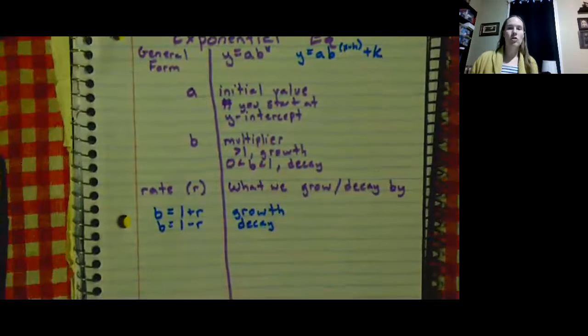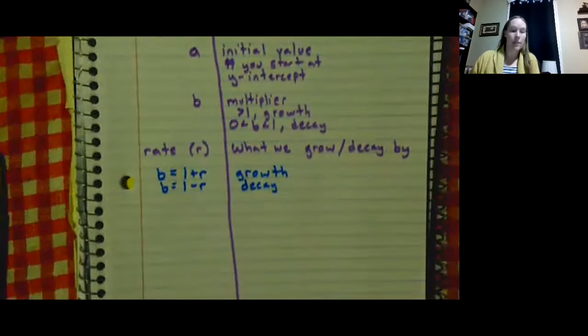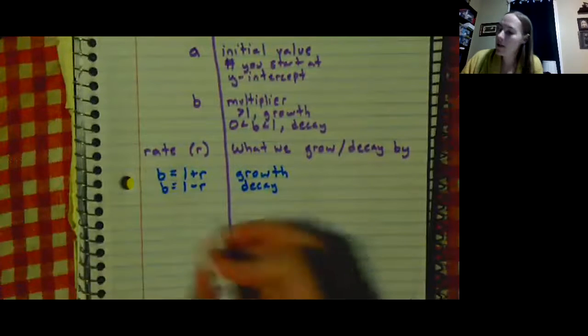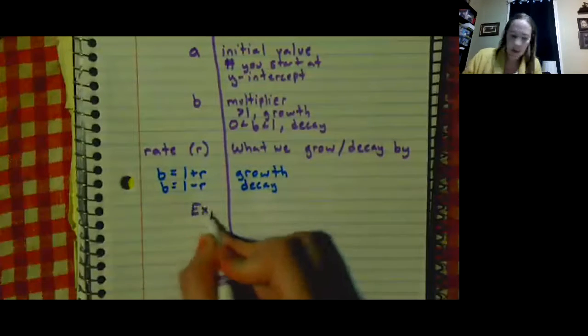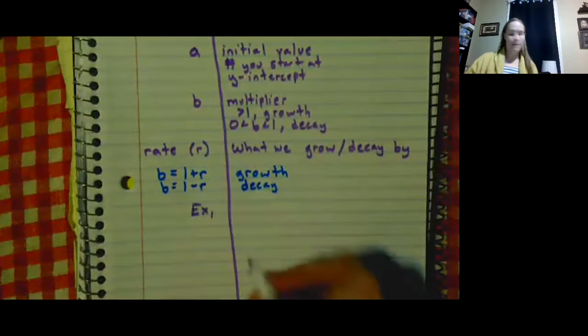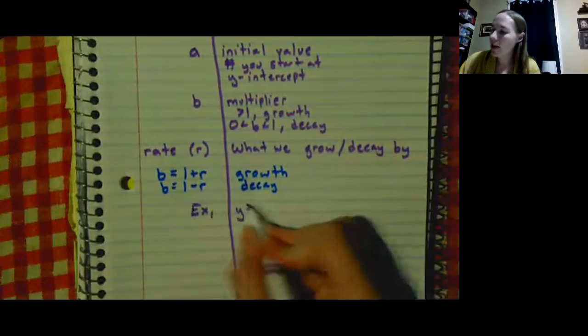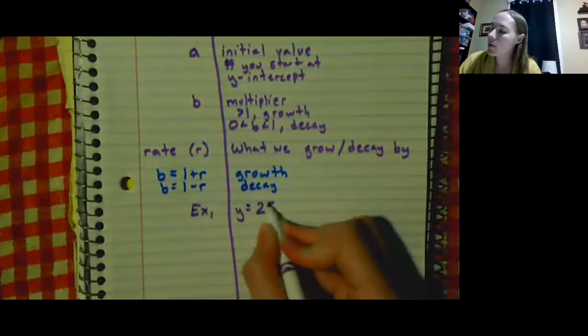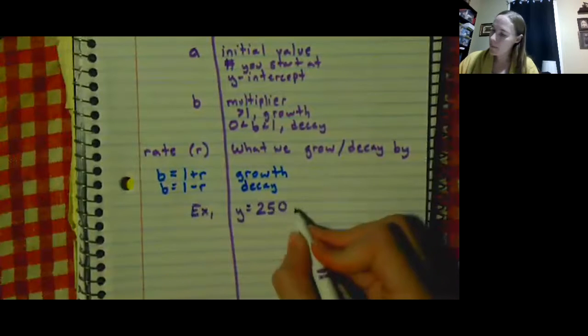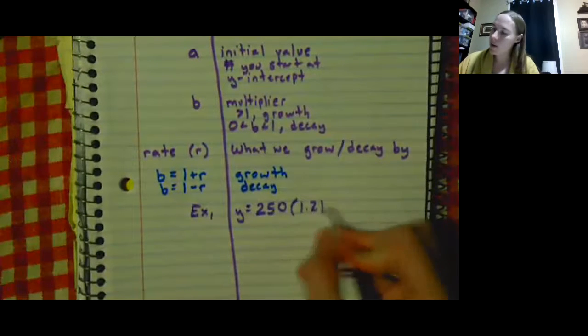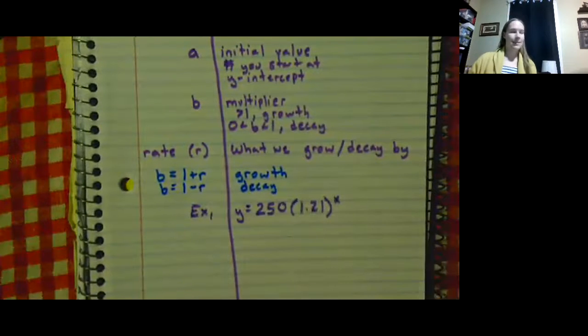So we're going to see how we can figure this out from different problems. For example, let's say that you're investing some money and you have the equation y equals 250 times 1.21 to the x.